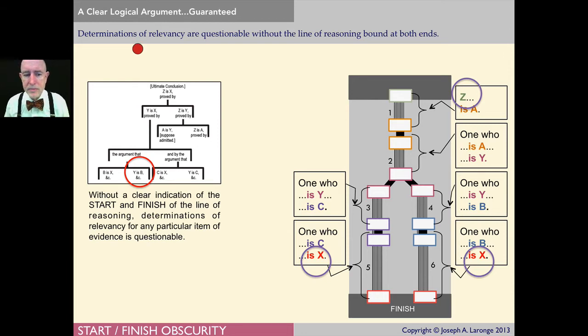One of the nice things about the logic bridge is that you always have a start of a line of reasoning and you always have a finish. So when you have a start and a finish, and then you insert the premises, constrained by the formality that we've talked about before, so that they fit properly.